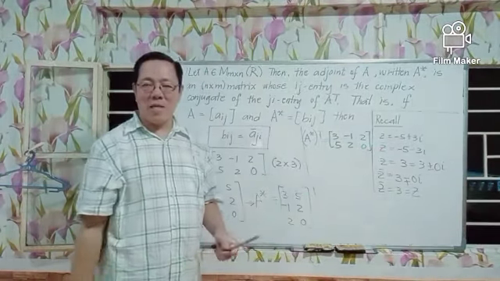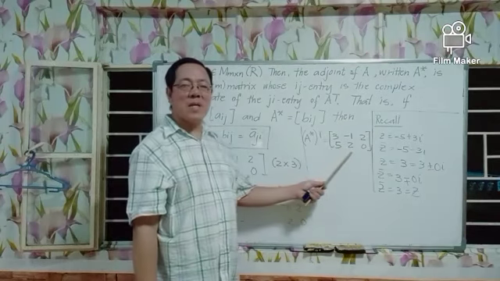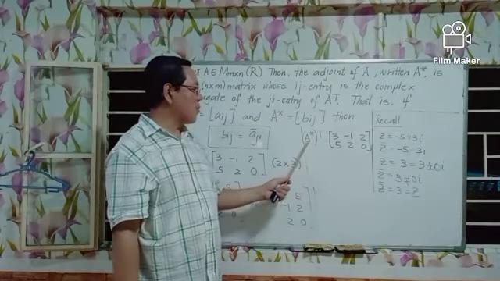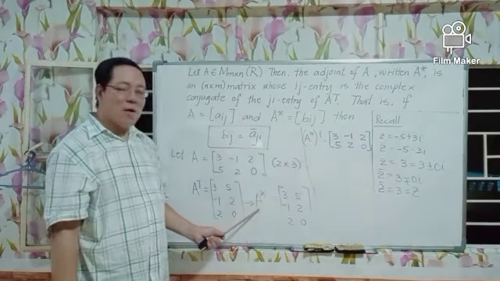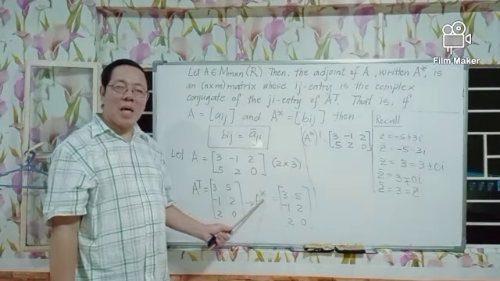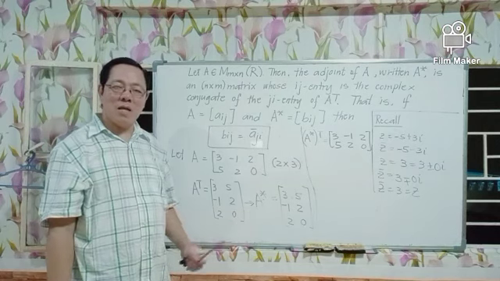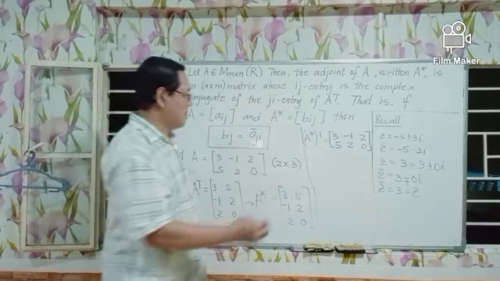And we get now the complex conjugates of these entries of the transpose of A star. And the result is the adjoint of A star, denoted by A star star.